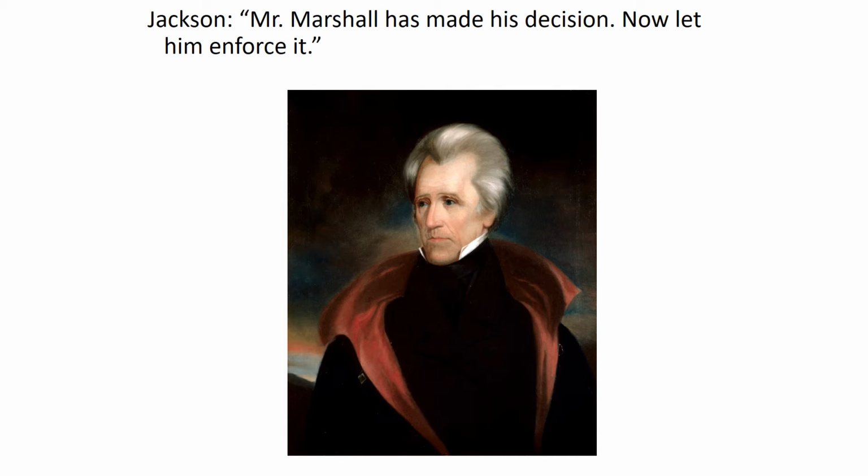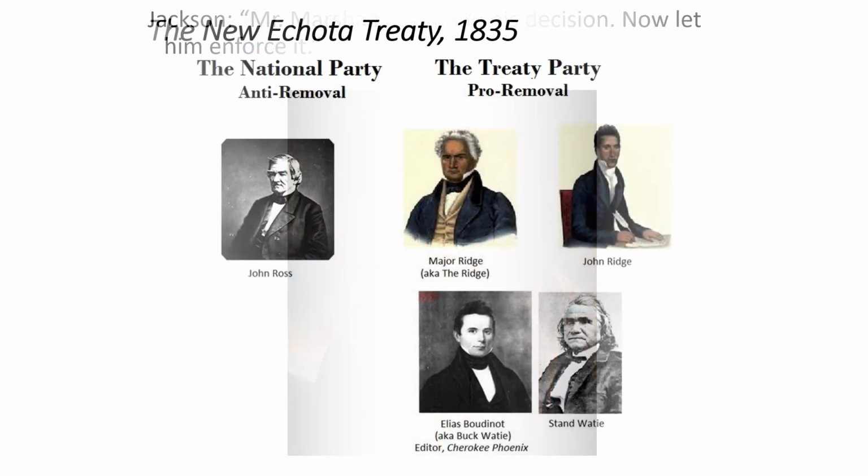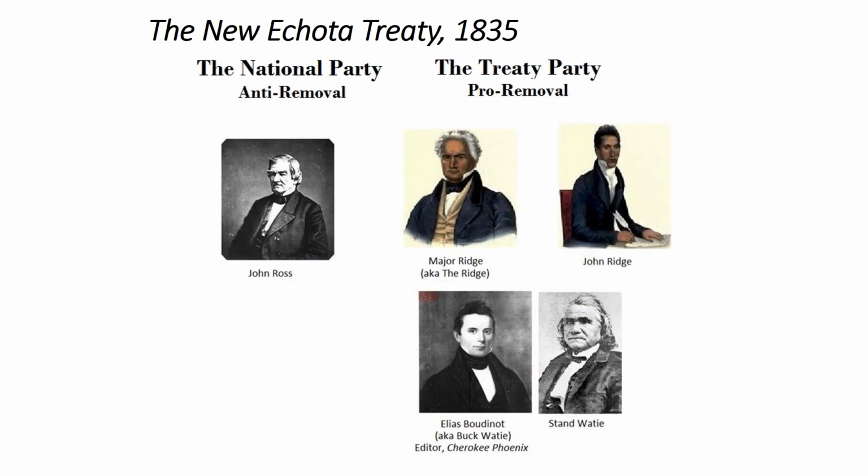Now we will talk a little bit about the divisions among the Cherokee. I talked before about how each of these tribes had two factions. One faction that tended to be modernist, that wanted to take the deal and sign over the land and accept the new land in Oklahoma.